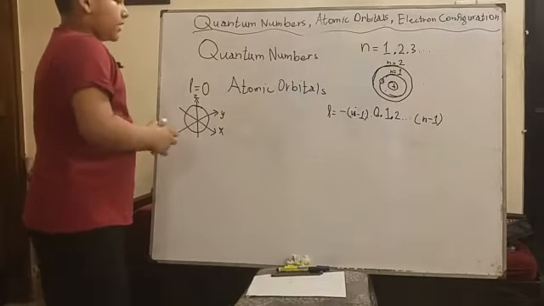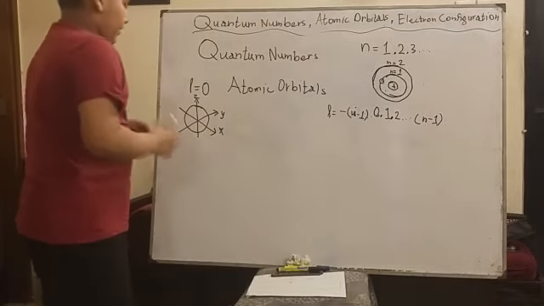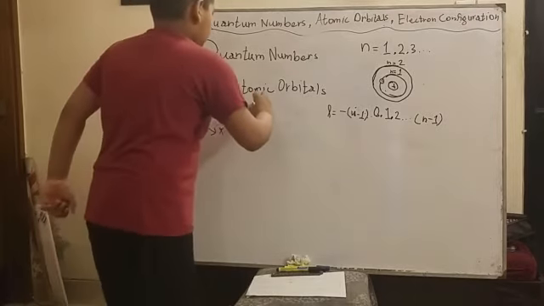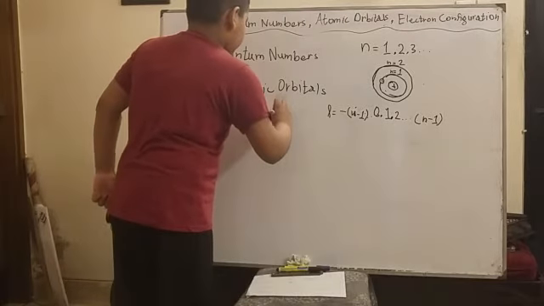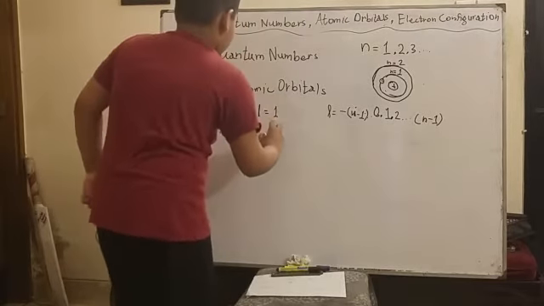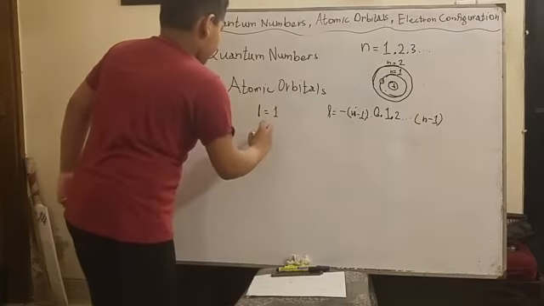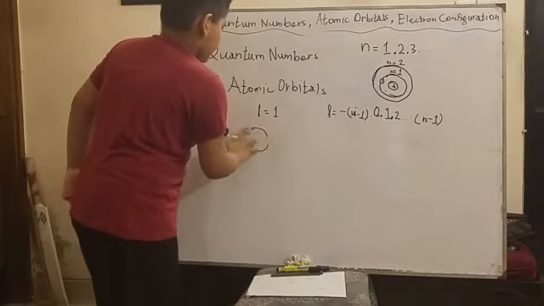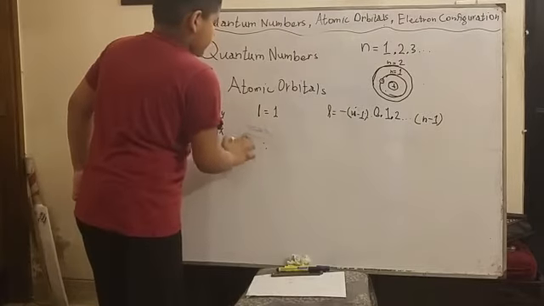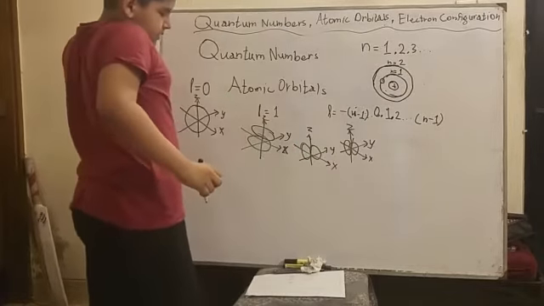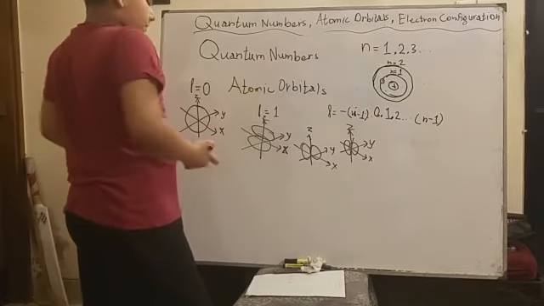And I won't draw the other orbitals because they're very weird looking, but I'll just draw the p orbital. So when L equals 1, then we have the p orbital, which is a bit weird looking, but you can think of it as buzz magnets. So these are the p orbitals.